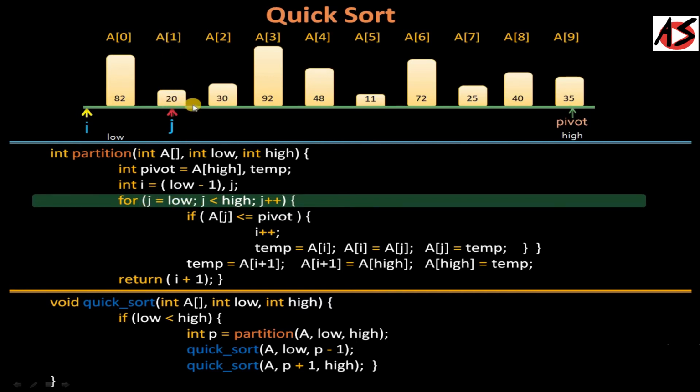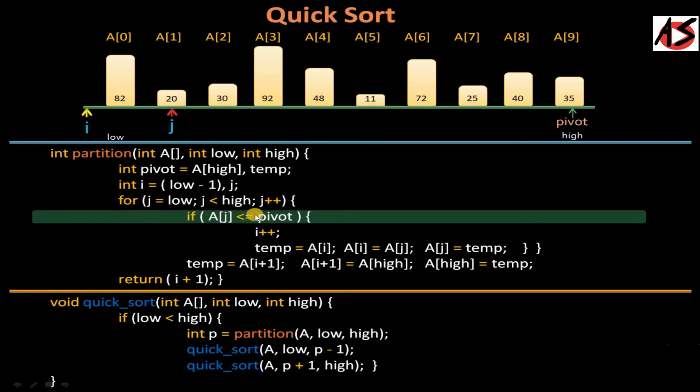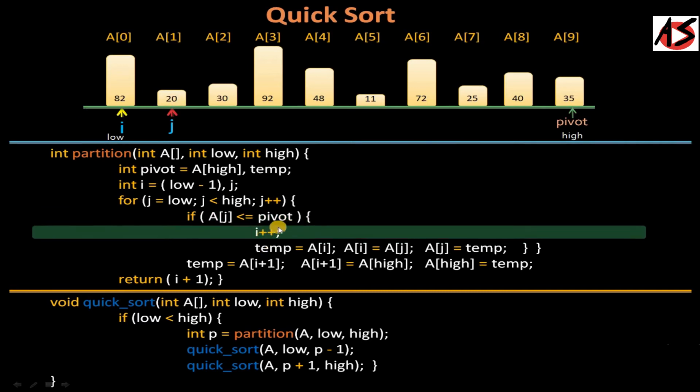Now j is equal to 1. j is less than high, that is 9, so 1 is less than 9, condition true. You check A[j], that is 20 now, less than or equal to the pivot. Pivot is 35, so 20 is less than 35, condition true. So you do i plus plus, incrementing i by 1.